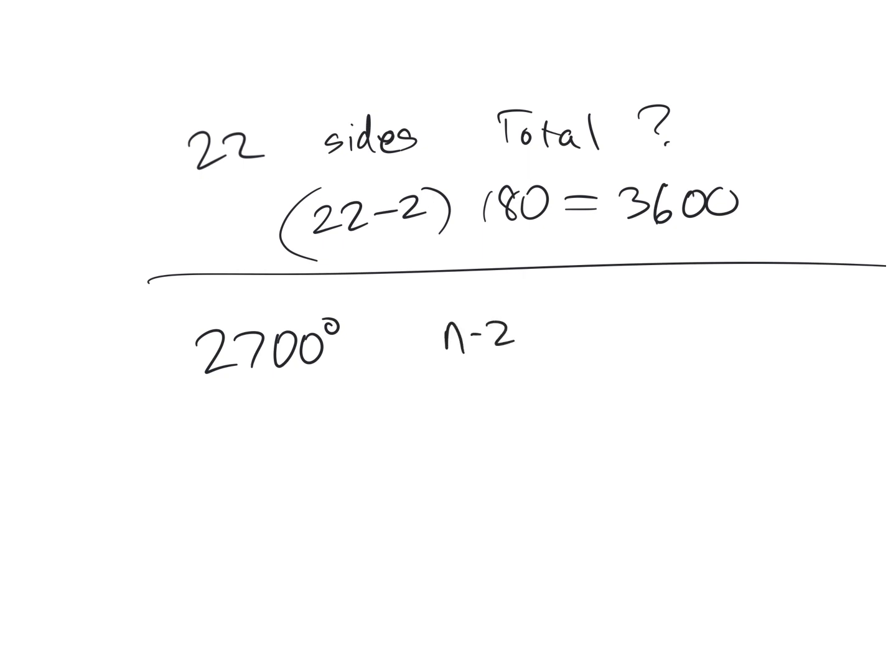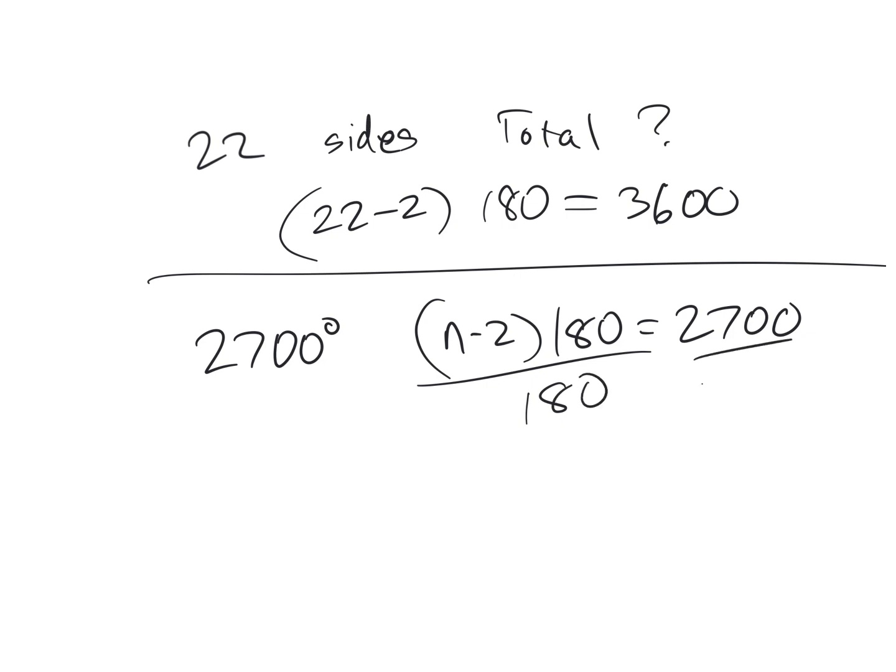So n minus 2 times 180 should equal 2,700. So we divide off the 180. So n minus 2 is going to equal 15. And you add 2, so you must have a 17-sided figure. All right, y'all feel pretty confident? Awesome.